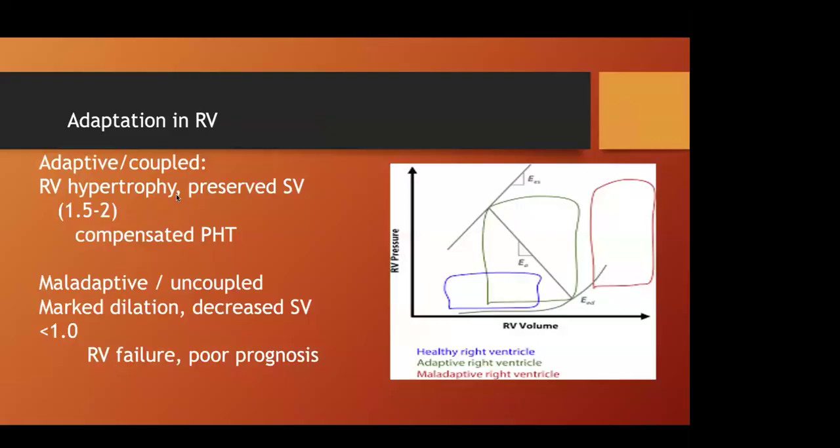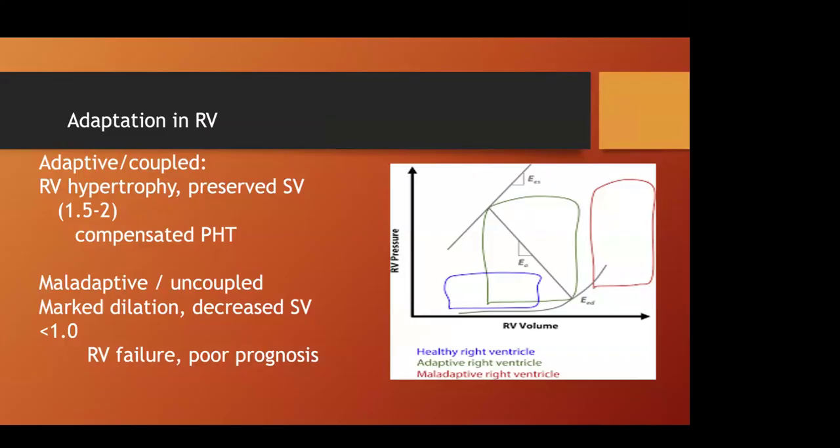So remember, the RV cannot take a high afterload acutely. It will fail. If there is chronic pulmonary hypertension, the RV adapts slowly and the coupling is maintained. This is called the compensatory phase.